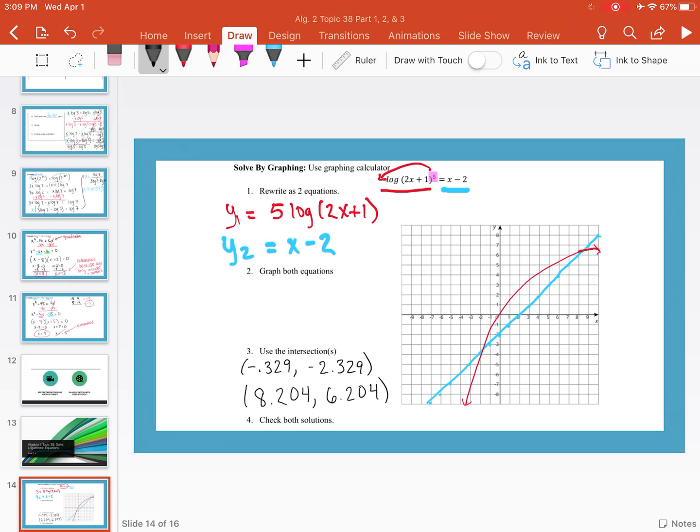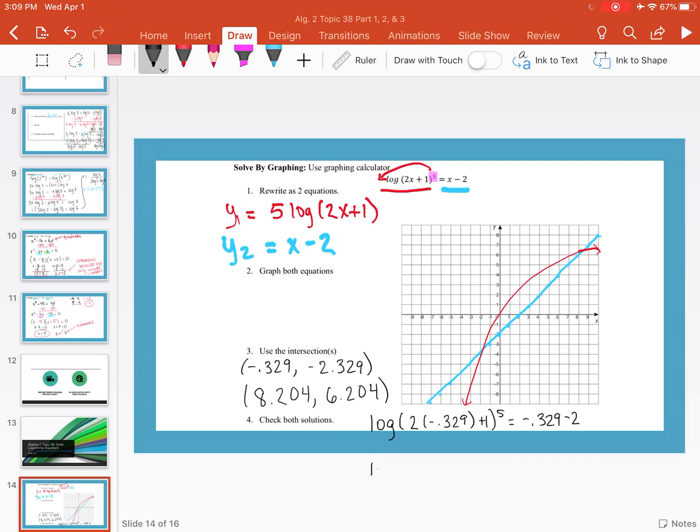To check that they are both solutions, we're going to plug them into the original equation to make sure that they're equal. So we will get log of (2 times negative 0.329 plus 1) to the 5th should equal negative 0.329 minus 2.